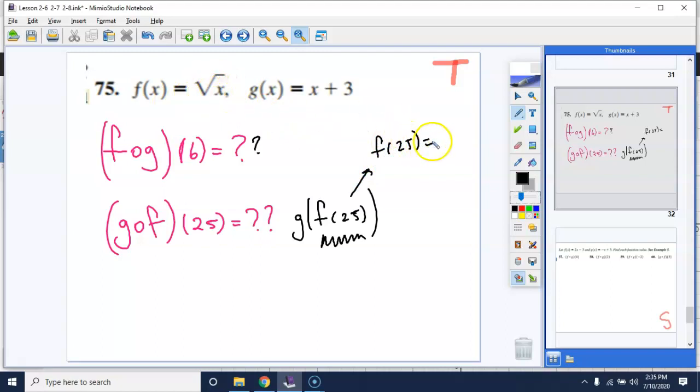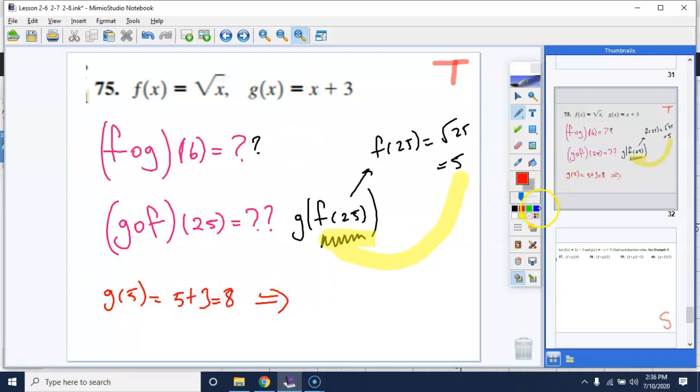If we go here, square root of 25, which is 5. So as of right now, I'm looking for g of 5. So let's go here. 5 plus 3 should be equal to 8. So g of f of 25 should be equal to 8, which is my final answer.